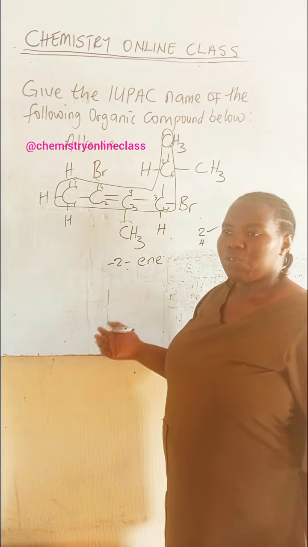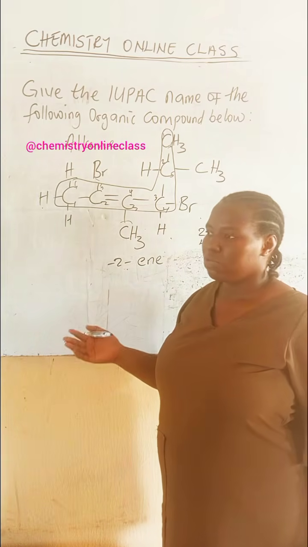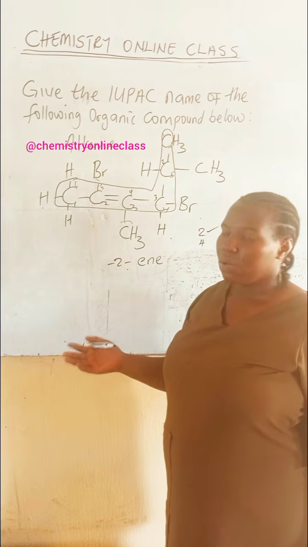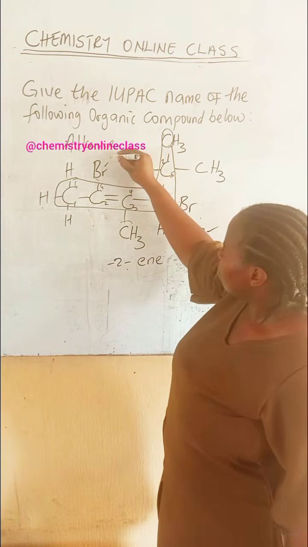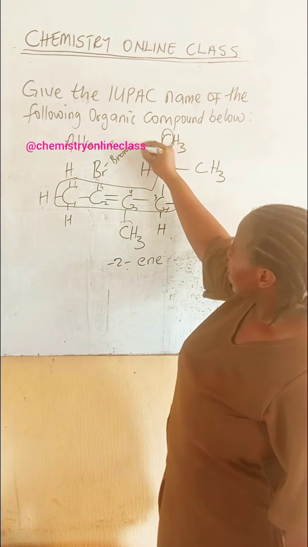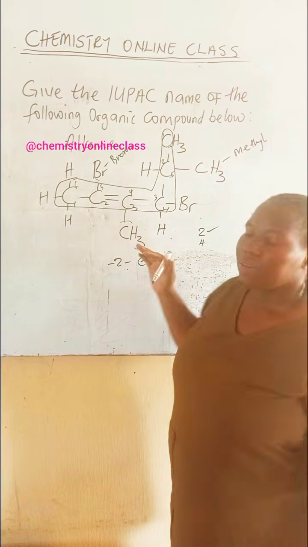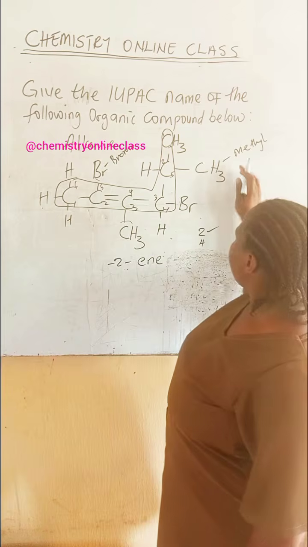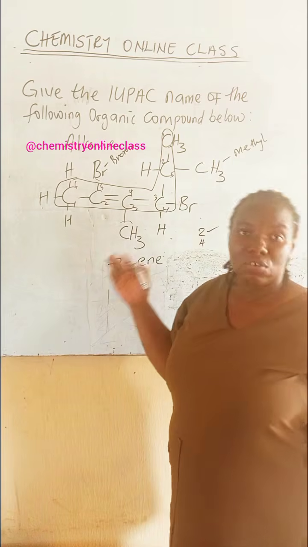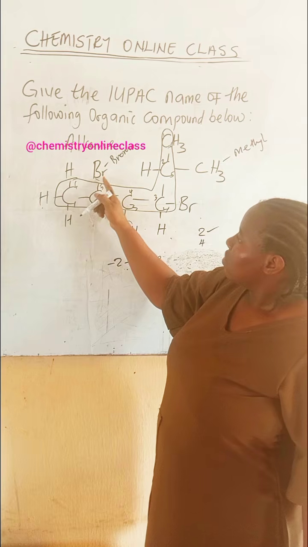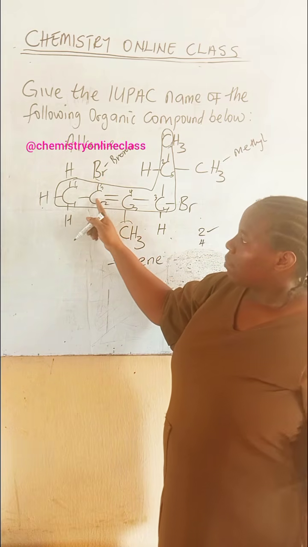Now the rule says when we have more than one substituent, we should arrange them in alphabetical order. Here we have bromo, and here we have methyl. In alphabetical order, B comes first before M. So bromo is going to come first. Now remember that this bromine is attached to carbon number 2.